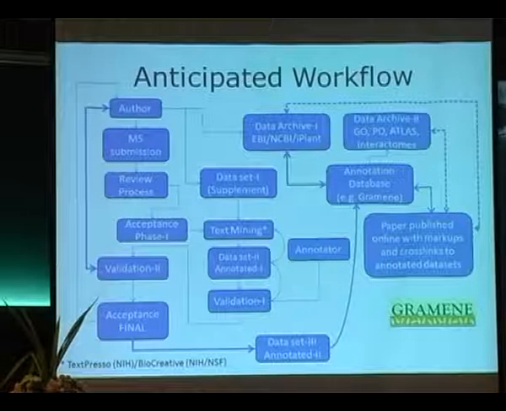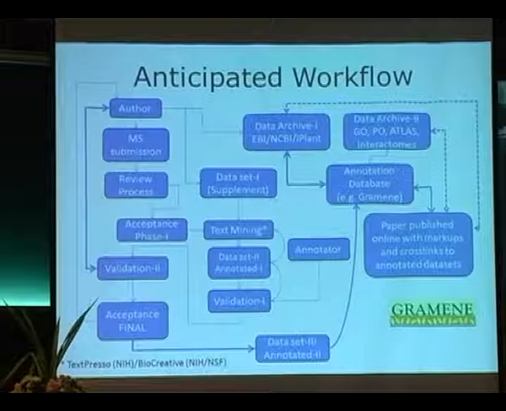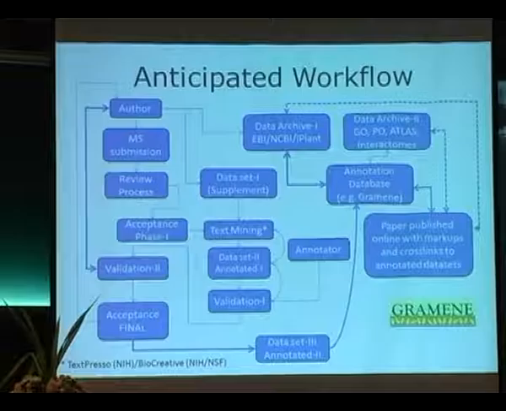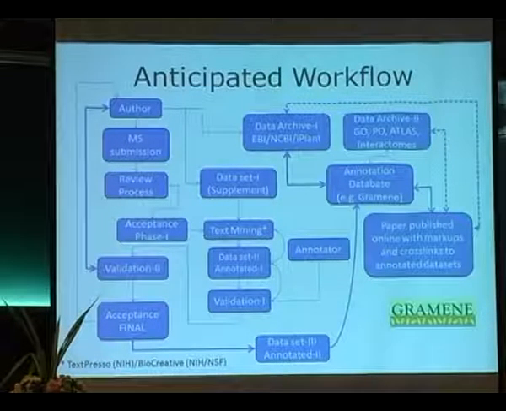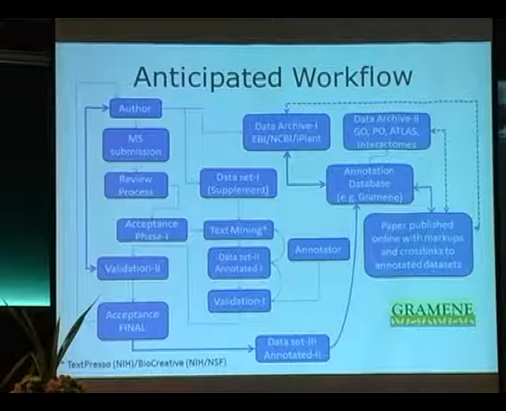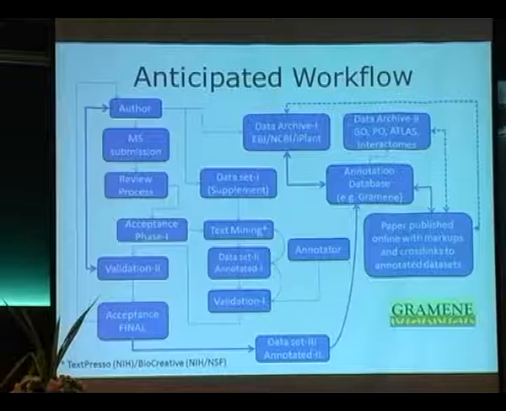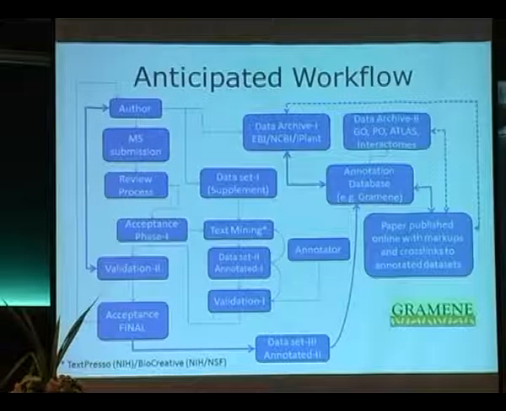If it's GWAS data, we might send it to Oryza SNP or some other resource that wants to manage it. Some genotype to phenotype data, somebody has to be recognized for that. If there is functional expression data, then it has to be managed and received by somebody we need to recognize, and they have to say, yes, we have received the data, it is of good quality and meets the standards that we would need.